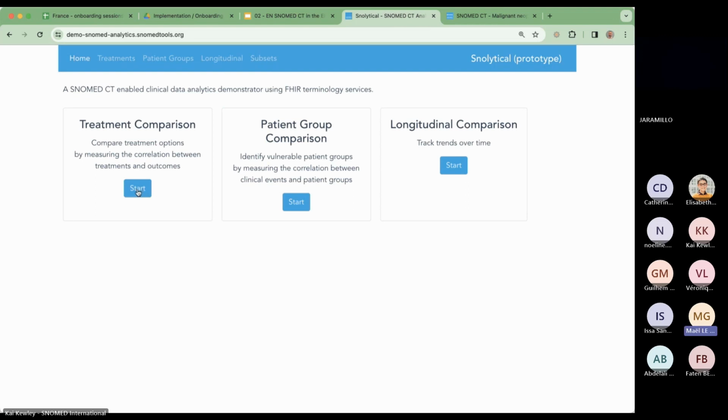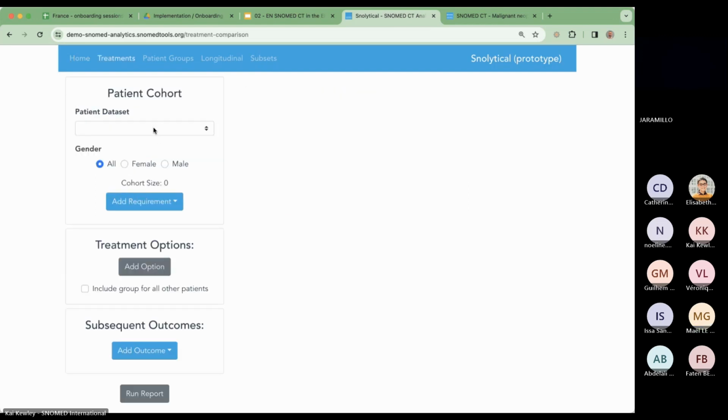So I'm going to go into the treatment comparison function. We have a generated data set. It's synthetic data, but the records within the data reflect what we've seen in patient records in hospitals and also in published research papers. So I'm going to build the patient cohort that we're interested in.